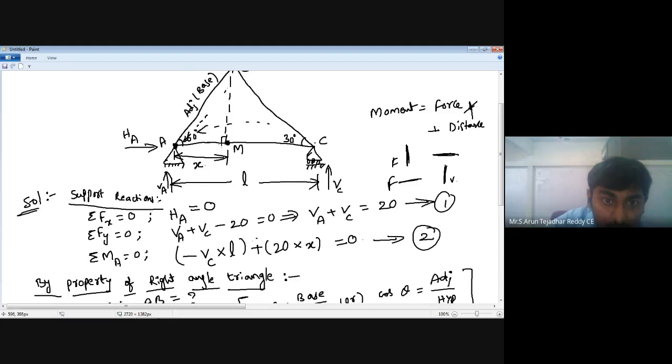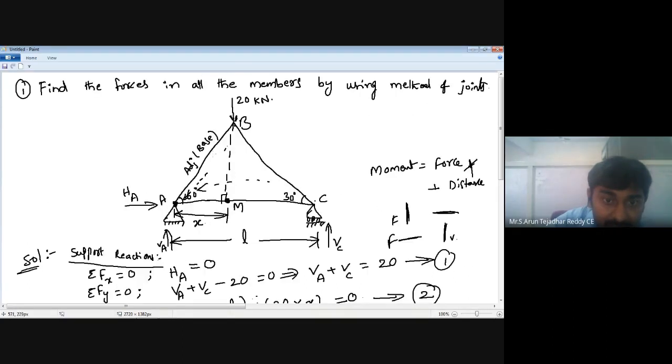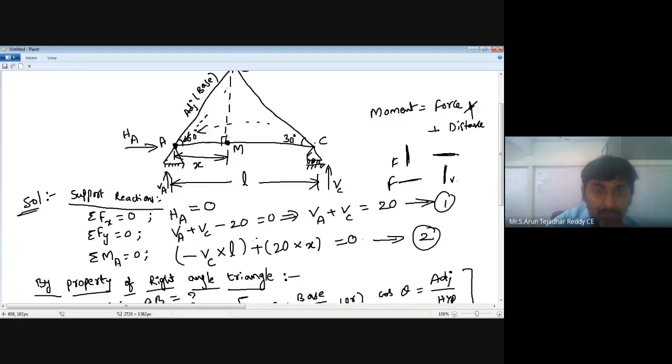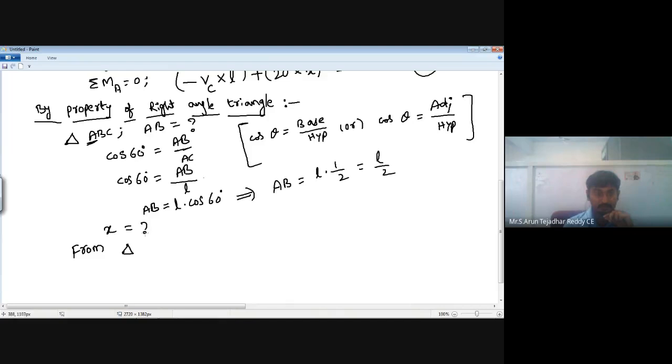It means take this right angle triangle, that is ABM, or else AMB. From triangle ABM.